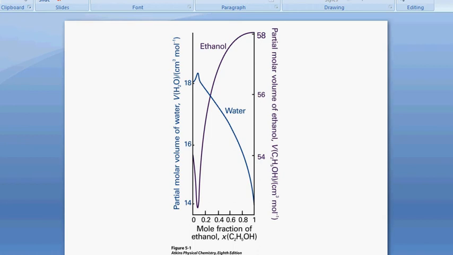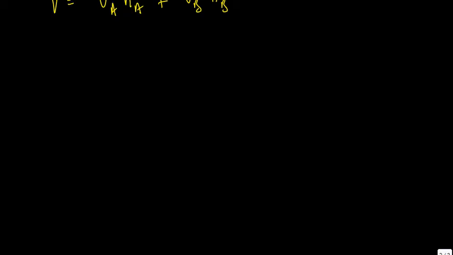One thing is very certain, that the amount of ethanol has to be huge, so that you can almost consider it to be infinite, so that whatever little water I have added does not change the composition of the mixture. Okay, so like we described the partial molar volumes, let's describe the partial molar Gibbs free energy.